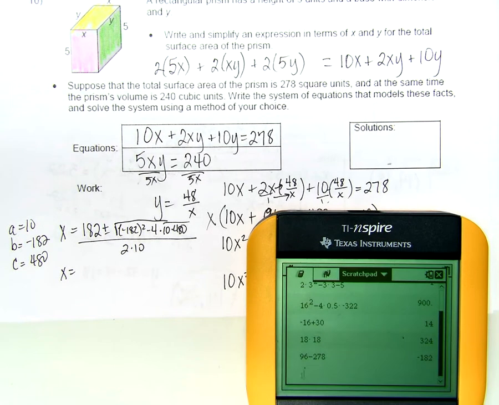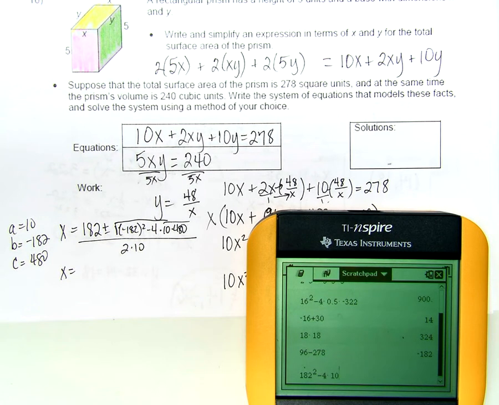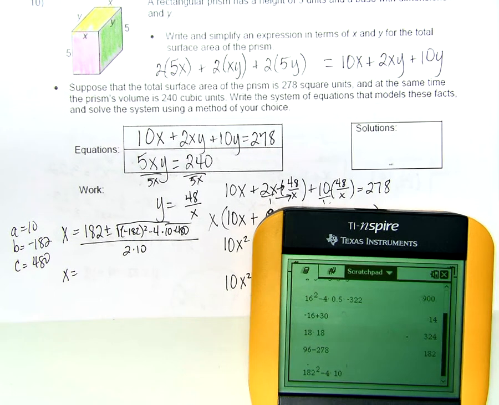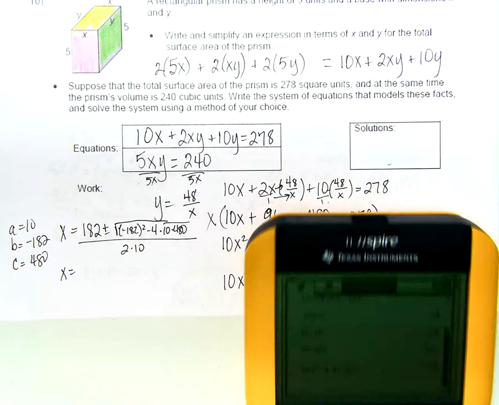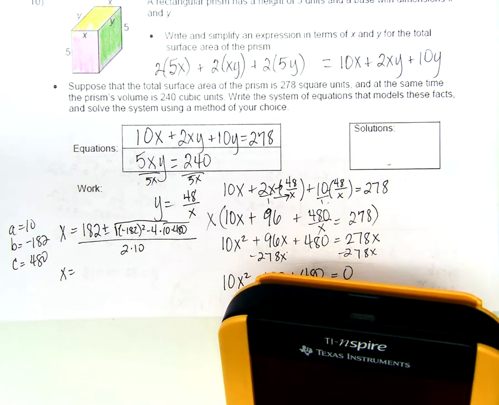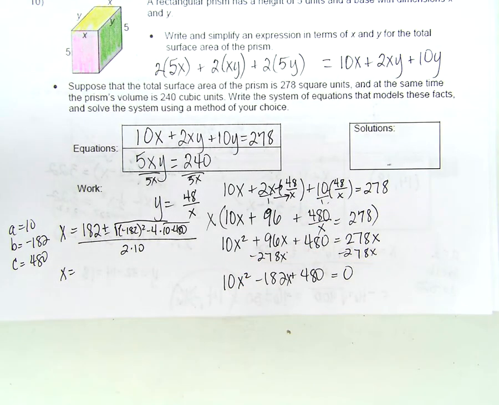So I have 182 squared minus 4 times 10 times, is that a negative 480? No, positive 480. And that gives me 13,924.